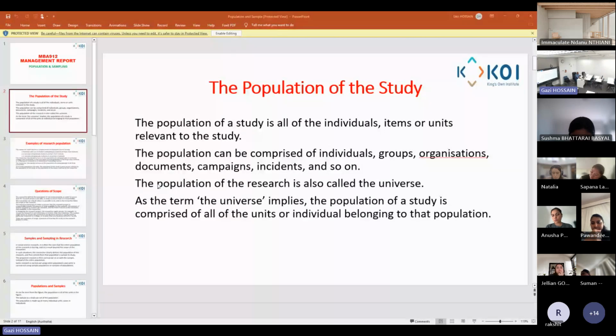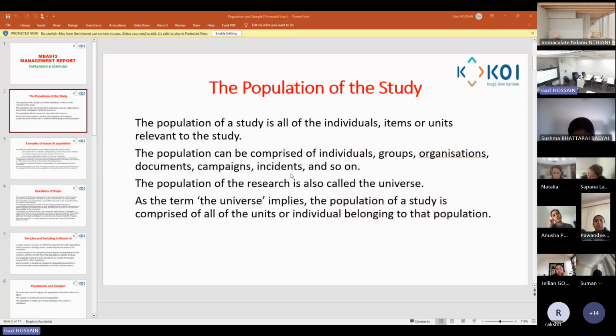So the researcher may decide to focus on the population of undergraduates in Australian colleges and universities, or the population of undergraduates in KOI, or in Macquarie University or University of Technology Sydney. When we are deciding our population, if it is, say, the entire Australia, then our population will be coming from the entire Australia.